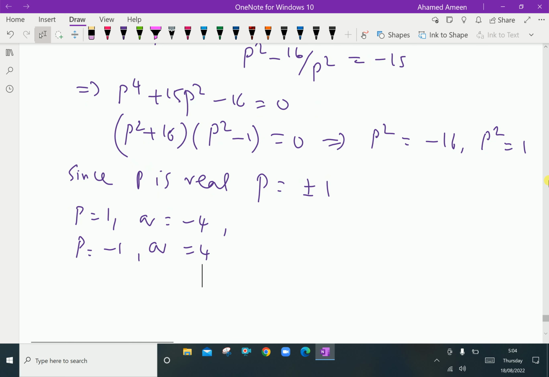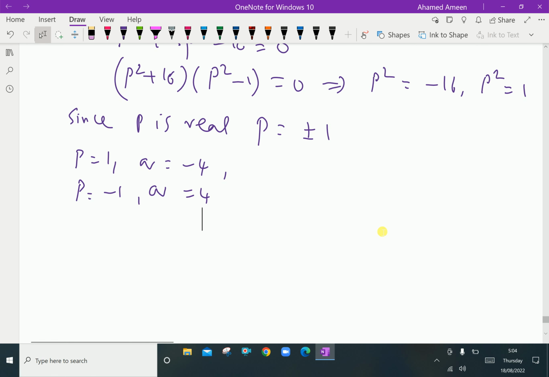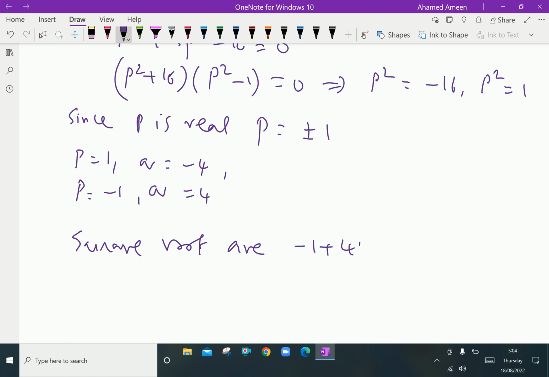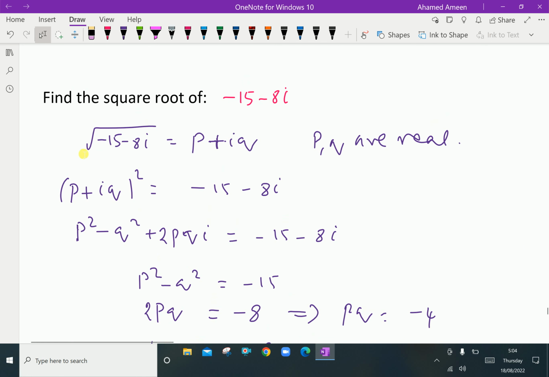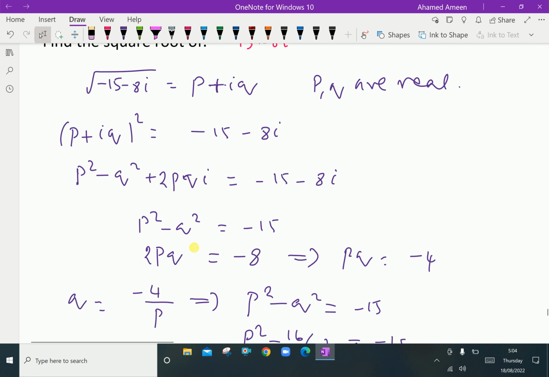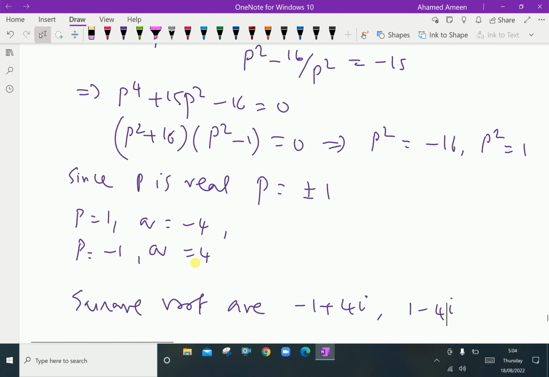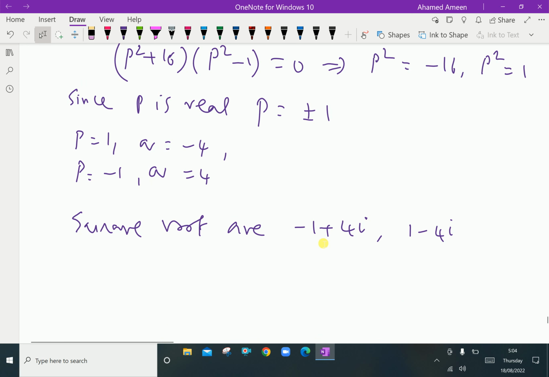Therefore the square roots are minus 1 plus 4i and 1 minus 4i. That is, the square root of minus 15 minus 8i is minus 1 plus 4i and 1 minus 4i.